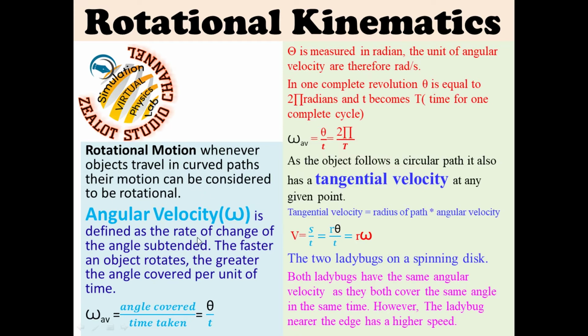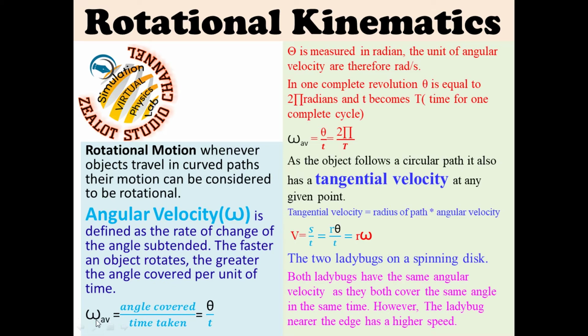So angular velocity, omega, is defined as the rate of change of angle subtended. Angle subtended means theta, that is angular displacement from the last videos. So the faster an object rotates, the greater the angle covered per given time.